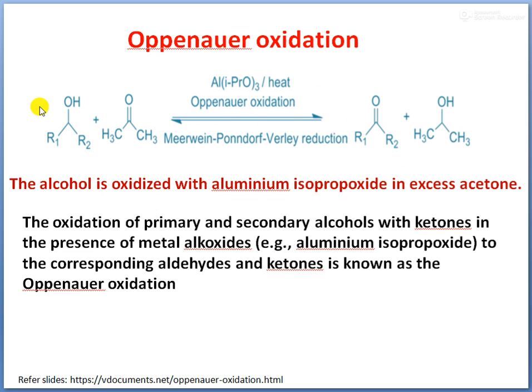This is the oxidation step, and the parallel reaction is that the acetone, which was the solvent, is reduced to the alcohol. So the oxidation of primary and secondary alcohols with ketones in the presence of a metal alkoxide, for example aluminium isopropoxide, to the corresponding aldehydes and ketones, is known as the Oppenauer oxidation process.